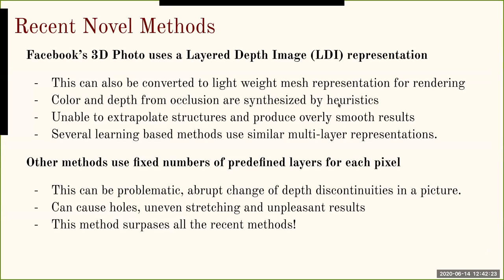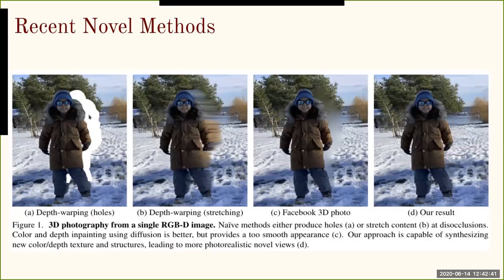Several learning-based methods use a similar multi-layer representation. They use a multi-layer LDI representation, layered depth image, which has a depth value for each pixel. Other methods use a fixed number of predefined layers for each pixel. For example, this one will use 2 layers.